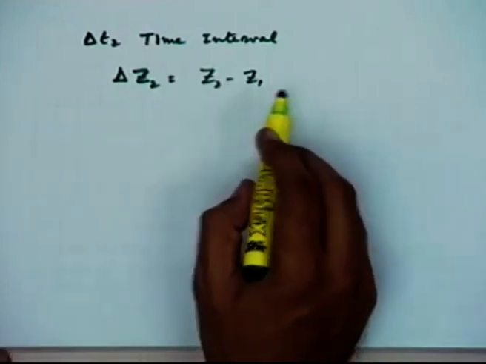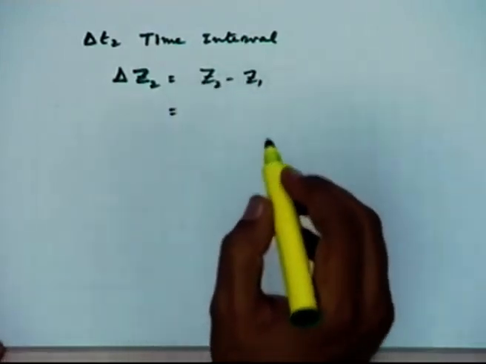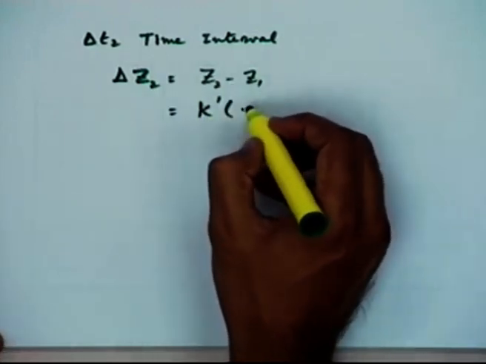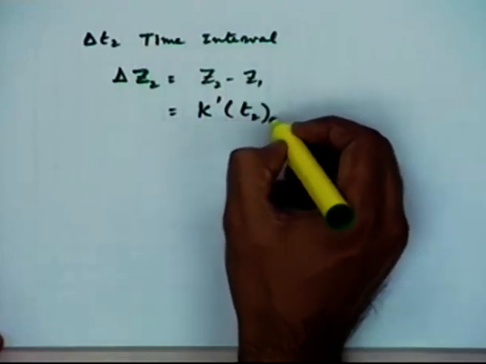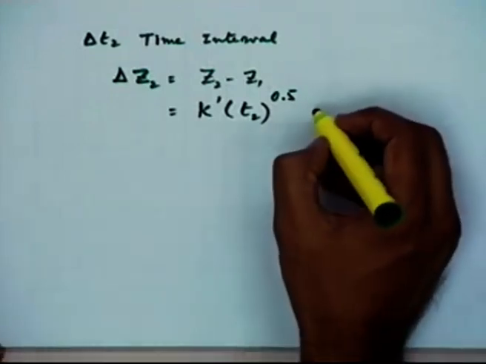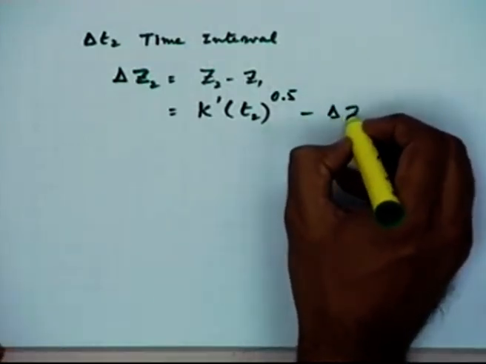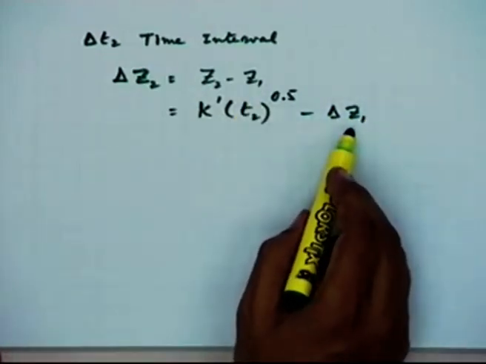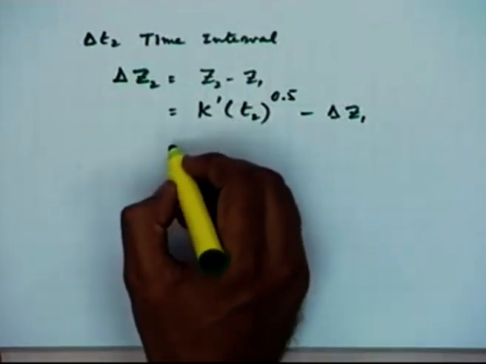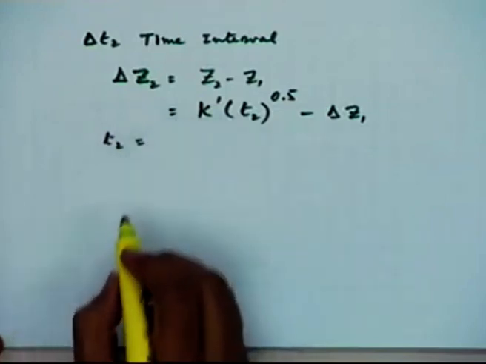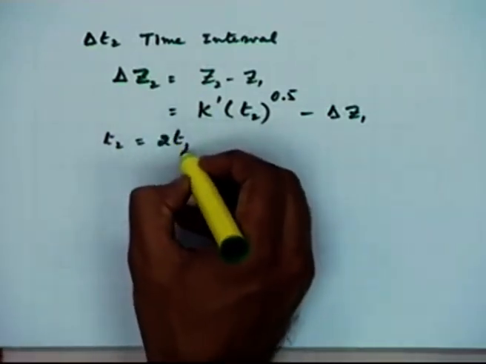So Z2 minus Z1 will be equal to K dash into T2 to the power 0.5 minus delta Z1, because Z1 is equal to delta Z1. Now T2 is two times T1.